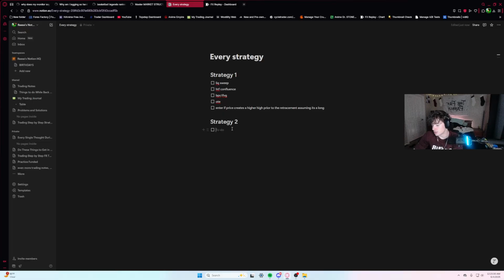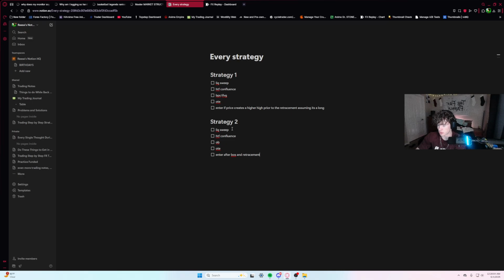Strategy 2, liquidity sweep, obviously. High time frame. Honestly, you kind of have to have a high time frame confluence, in my opinion. Order block, OTE. Enter. Headphones just died. That's fine. After break of structure and retracement. Now this is a maybe.